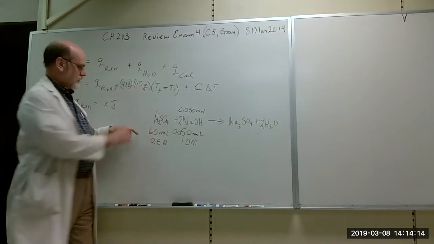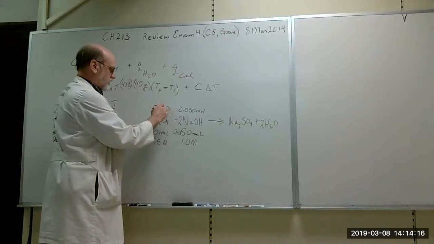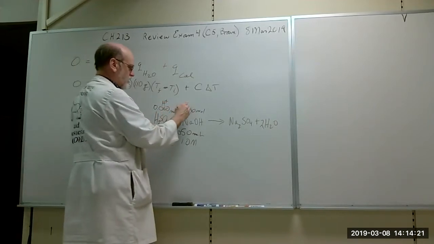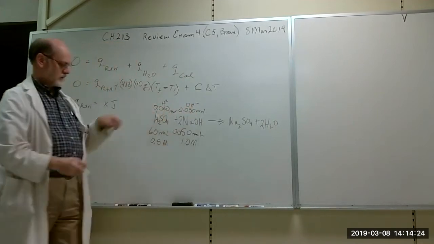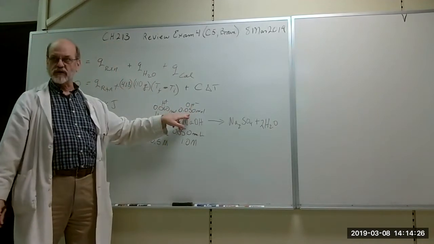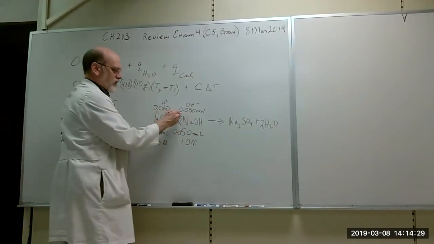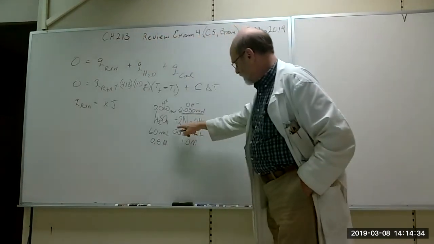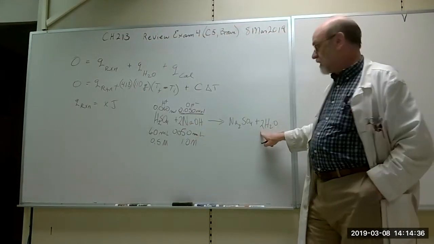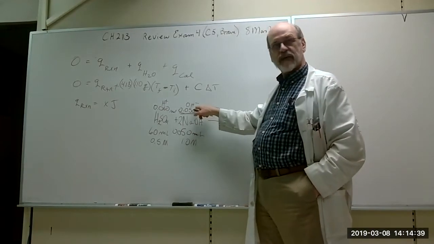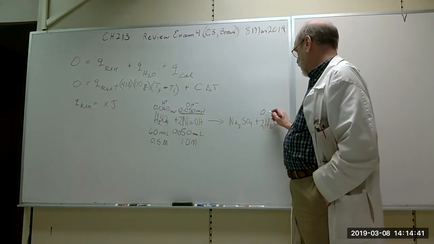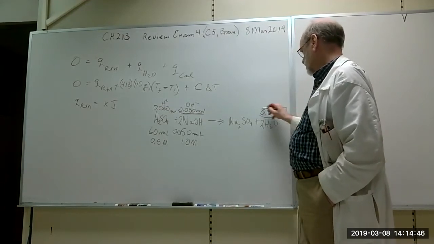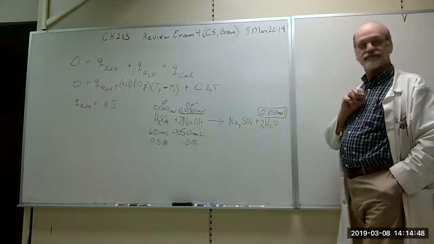So that would be 0.060 moles of protons, and this would be hydroxyls. Right? So this is the limiting one. It's going to run out. But this is the one we base our calculations on. So what's the ratio? Well, 2 to 2, right? So we produce exactly the same amount of water, 0.050 moles of water. Okay?